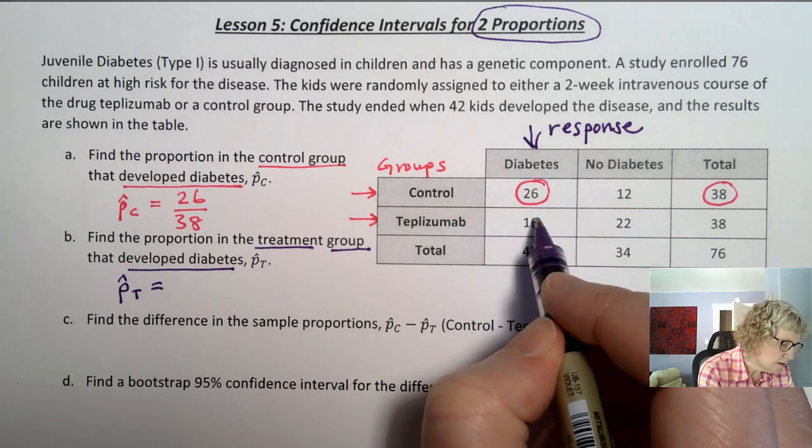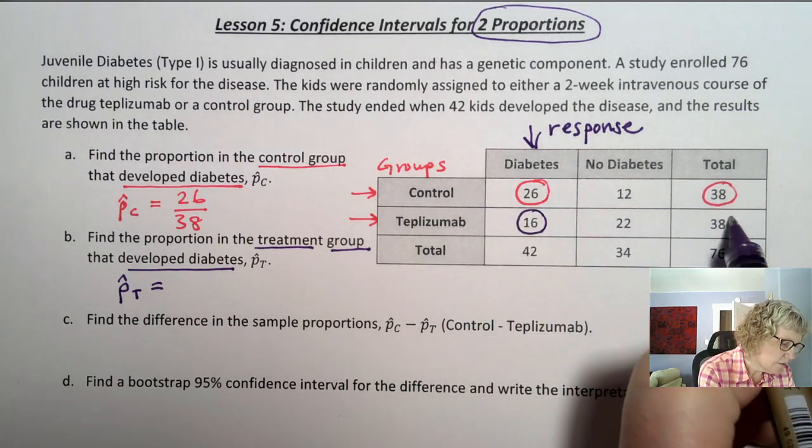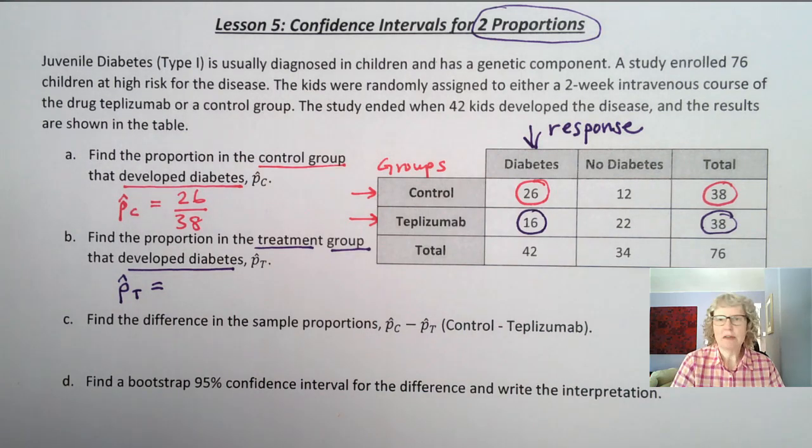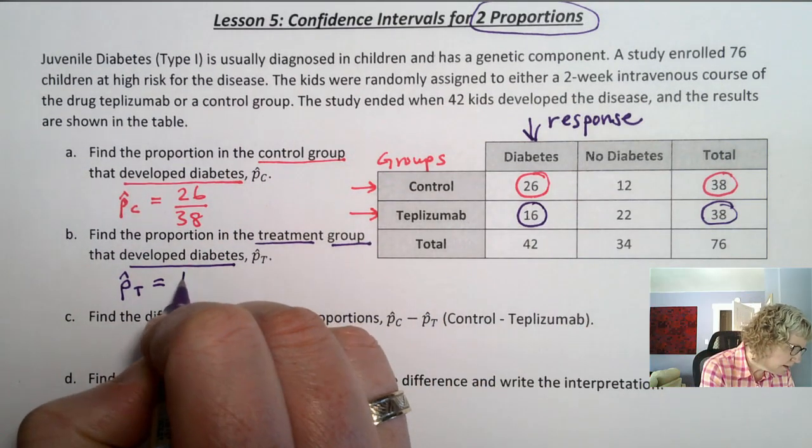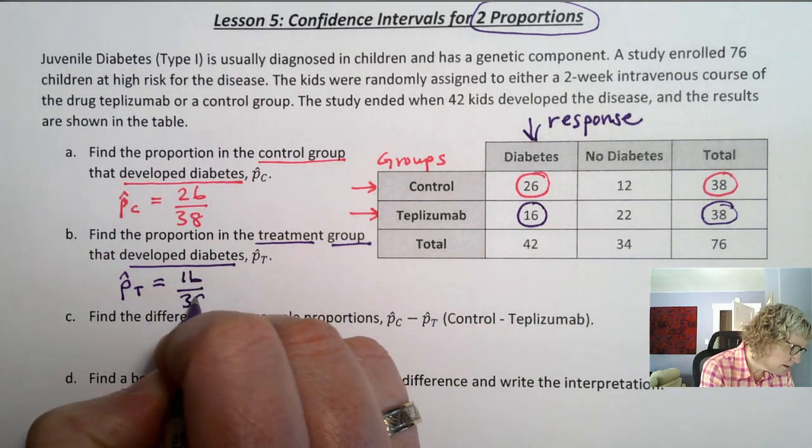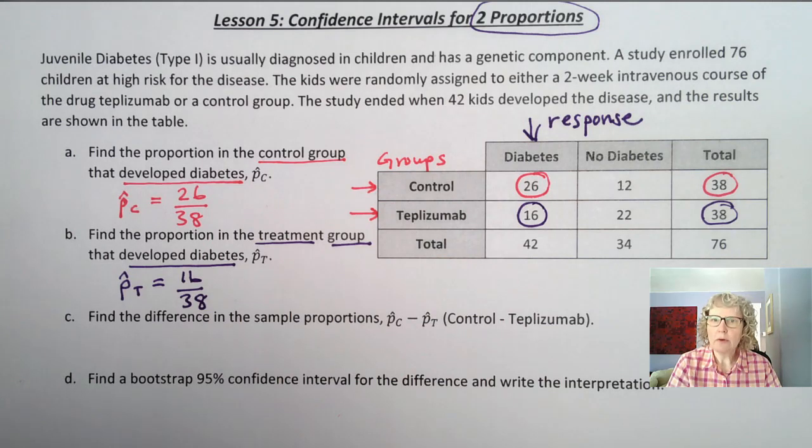So diabetes is 16 out of the same total, 38. In this case, they had the exact same number of kids in each group. They don't always, but they're often close. 16 out of 38.